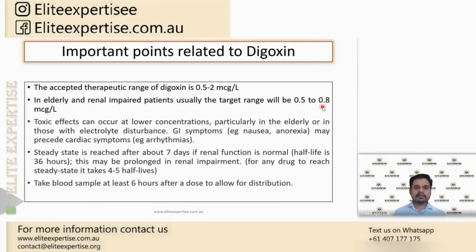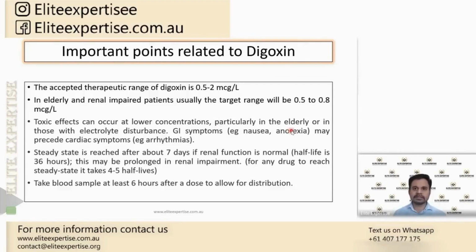Now, let's have a look at the toxic effects of digoxin. When the digoxin levels reach the toxic range, even if it goes up to 1.2, the patients immediately start developing toxicity symptoms. The first symptoms that can be seen are gastrointestinal symptoms, like nausea, anorexia, and vomiting.